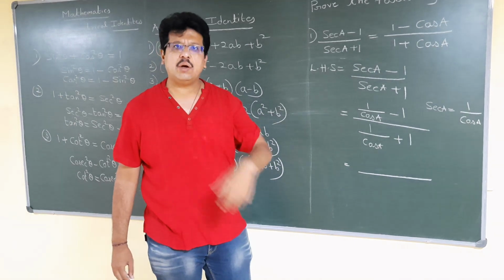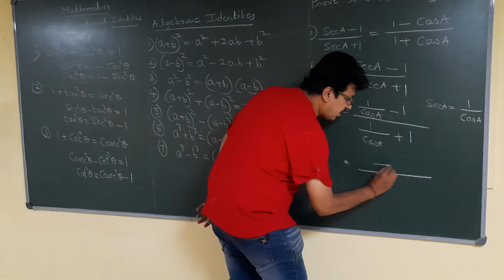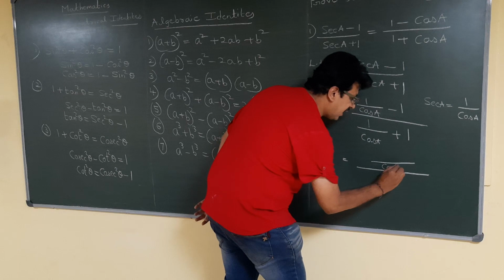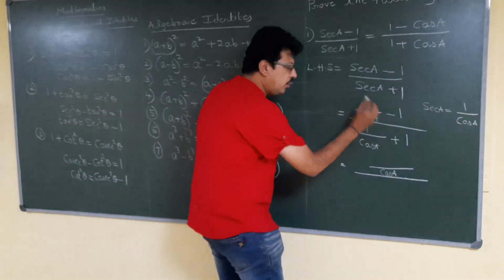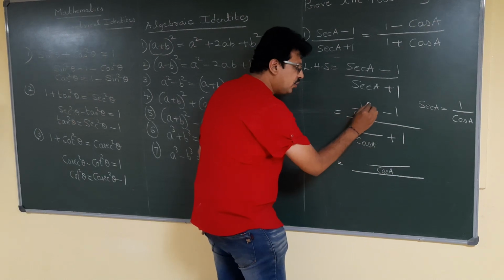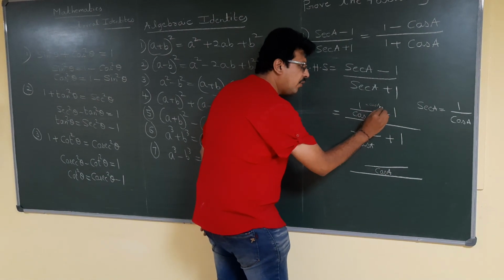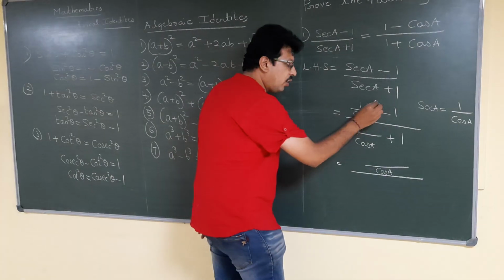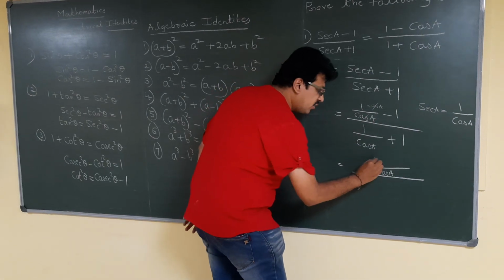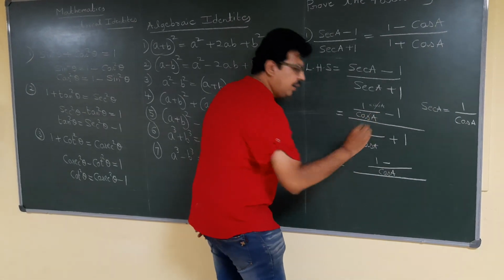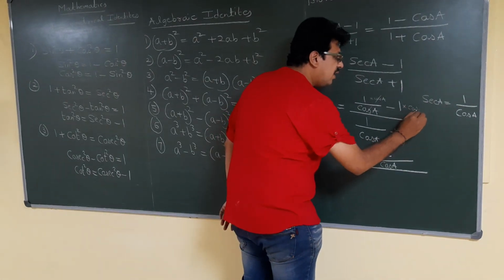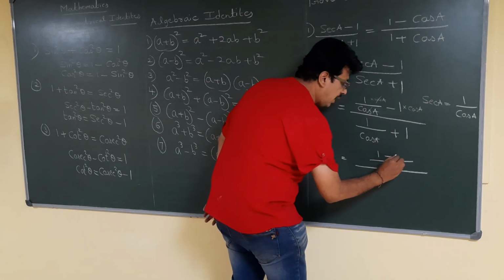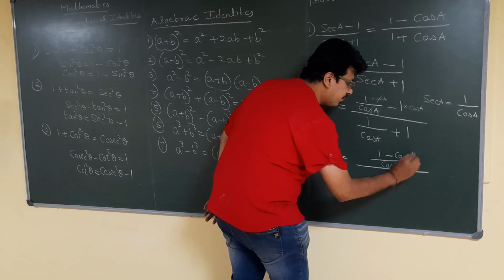You just have to recall that concept. Cos A is actually the LCM. So when you take LCM, you write cos A here. If you remember that concept, cos A will get cancelled. What will be left here, children? 1 minus, and 1 into cos A is cos A, so it will be written as 1 minus cos A.